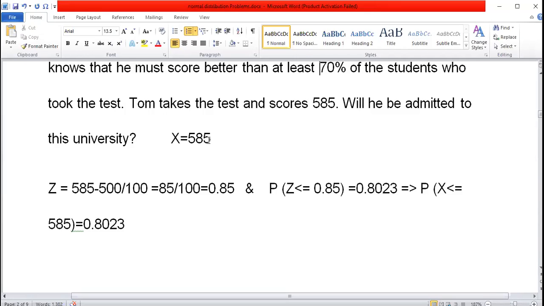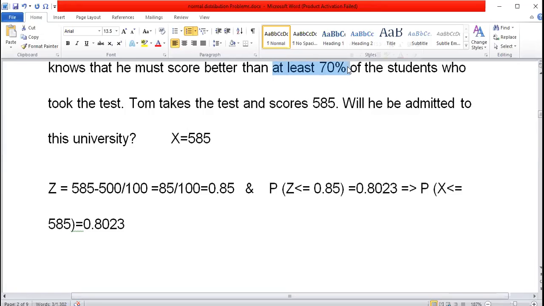So will you get exactly 70%? Isn't it very unlikely? Yes, so please don't worry about that. Obviously, if he gets exactly 70%, he will be admitted because the condition is at least 70%.